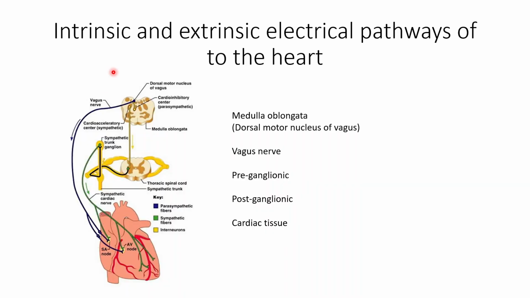So you can see this set of fibers and then this one, right? From your dorsal motor nucleus to here, and then from this one, the next fiber to the heart, you have some interesting receptors in between. All of these nervous connections are regulated by the neurotransmitter acetylcholine, right?